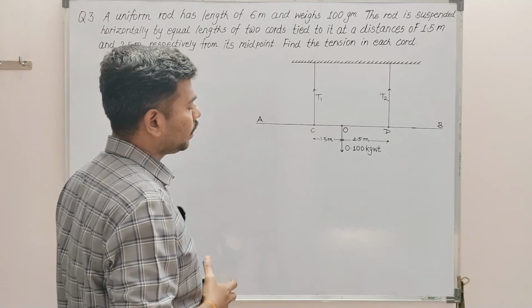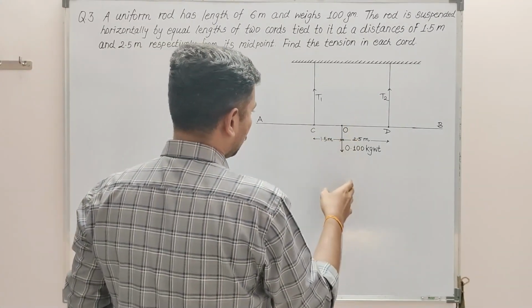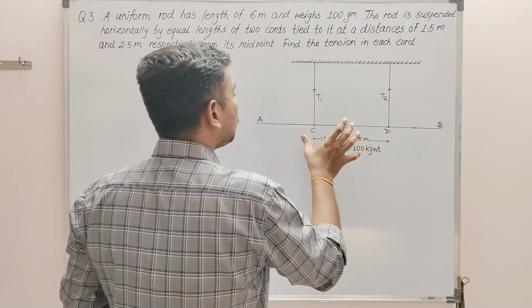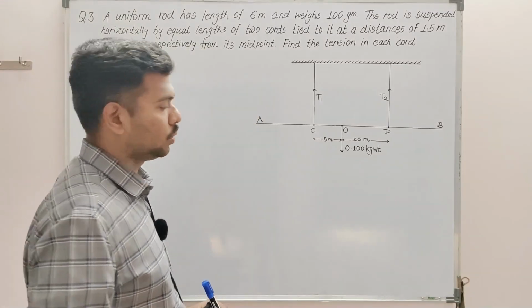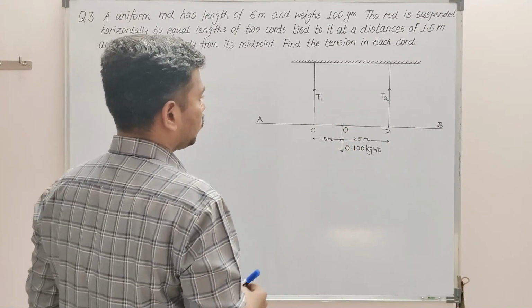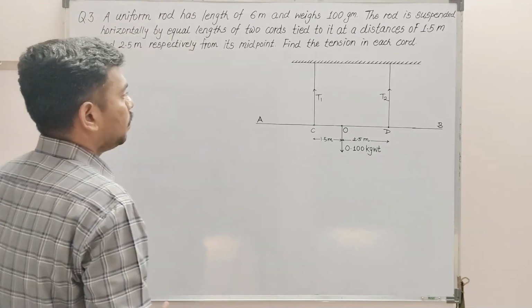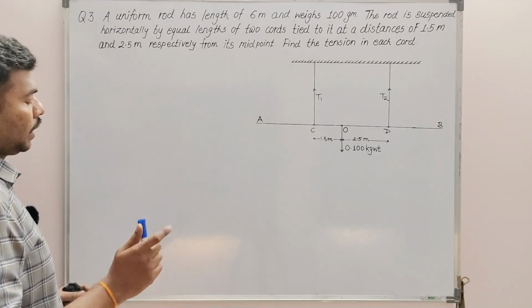Now this rod has its own weight which is acting downward, and this is the point O where the entire mass of the rod is supposed to be concentrated. We can call it the center of mass also. At point O we can show the direction of weight of the rod, whose magnitude is 0.1 kgWt. Because of this, tension is created in the two cords and we have to find this value.